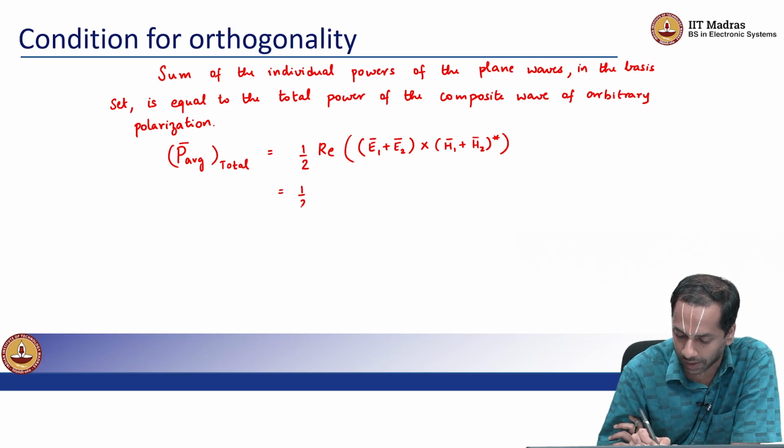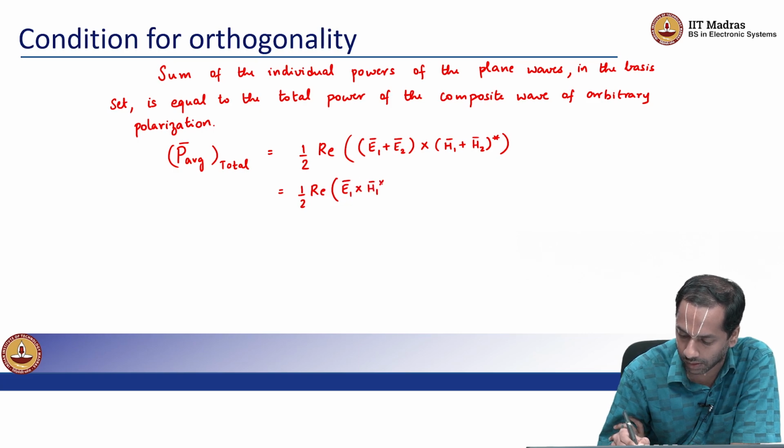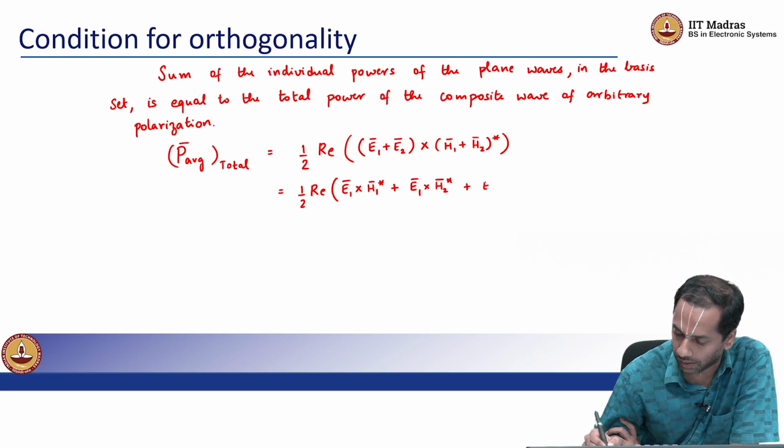So, if I were to expand this, I get E1 cross H1 star plus E1 cross H2 star plus E2 cross H1 star plus E2 cross H2 star.